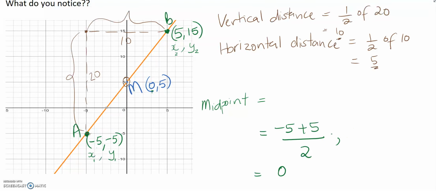Likewise, for the y coordinates, -5 and 15, once we add them, that gives us 10. Then we divide by 2. -5 plus 15 is 10, and 10 divided by 2 is 5, so that's how you get your 2 points.